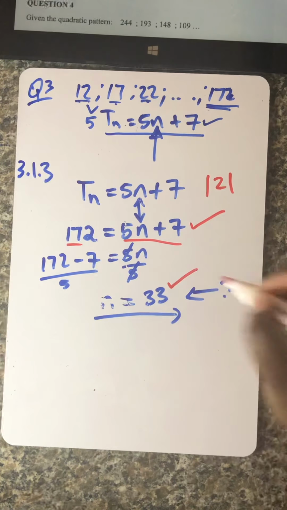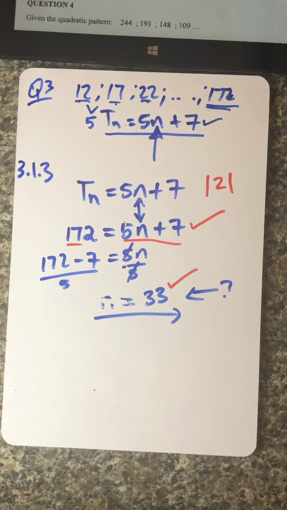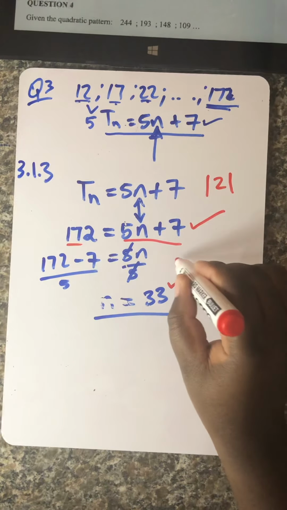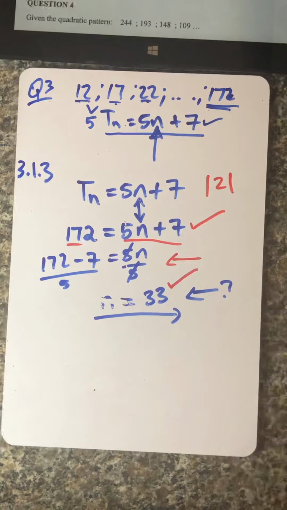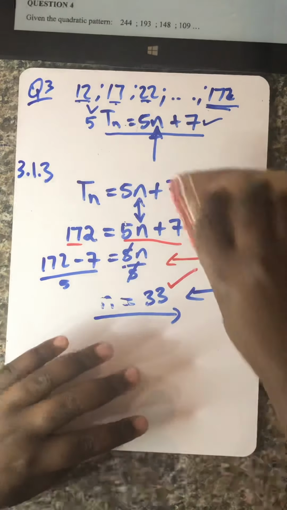Obviously, your final answer will be allocated a mark. So for this step where you show how you get that 33, you don't score any marks there. Very, very much important. I think we should now move to the next question.